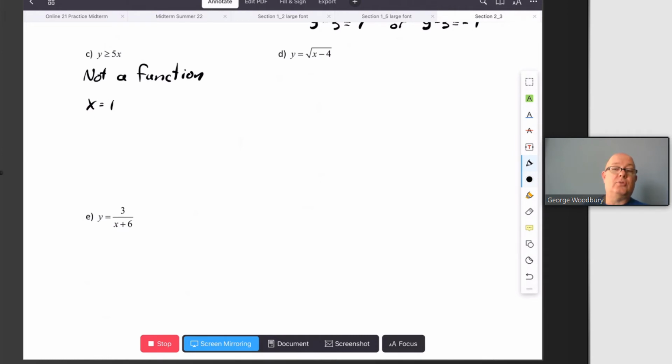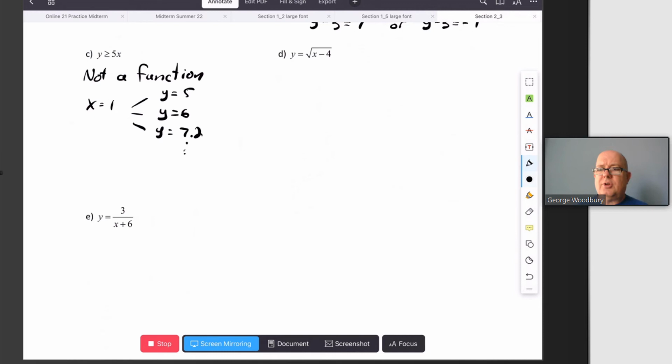Any value of y that's greater than or equal to 5 is a solution. So if y equals 5, y equals 6, y equals 7.2, list whatever you want. All of those are solutions because all of those values of y are greater than or equal to 5 times 1. So here, this would not be a function.